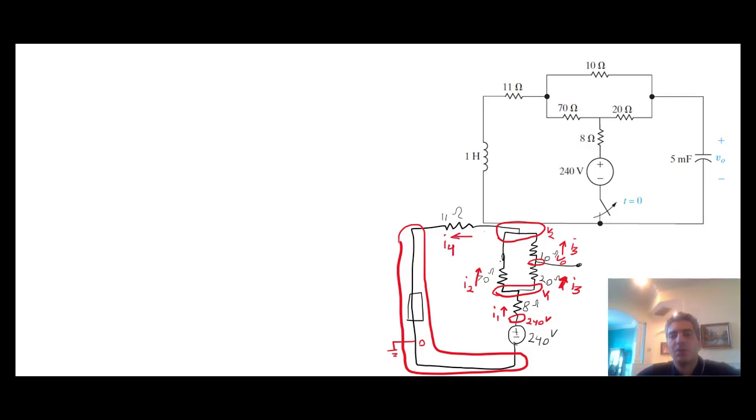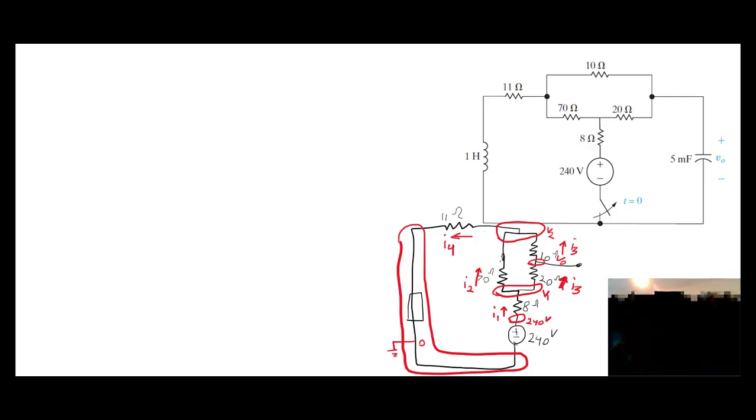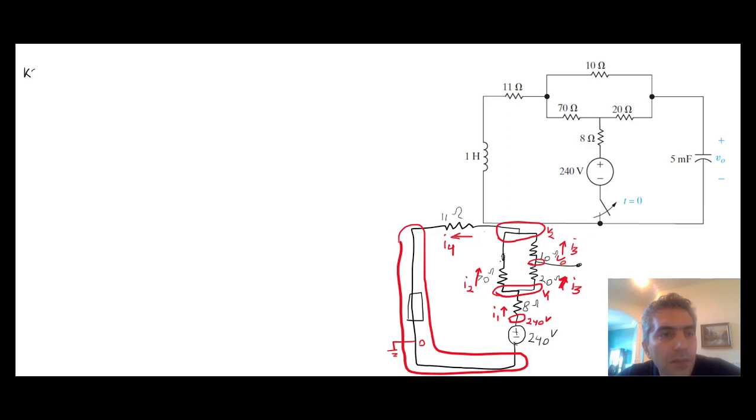Okay, so now I'm going to start writing equations. We'll start with KCL and then move on to equations for components. The number of KCL equations that you can write is equal to the number of nodes, basically. But for this node, you don't have to write a KCL.